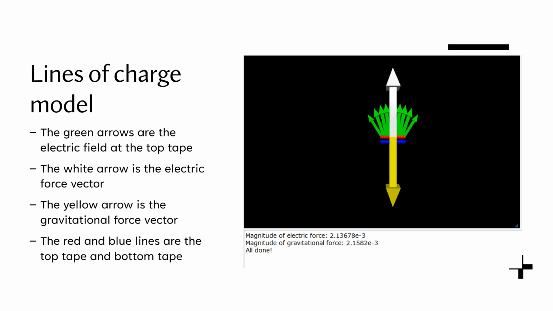I had to scale them to fit everything on the screen. The green arrows are the electric field that the top tape is experiencing. The white arrows are the electric force vector the top tape is experiencing. The yellow arrows are the gravitational force that the top tape is experiencing, and the red and blue lines are the top and bottom tape, respectively.